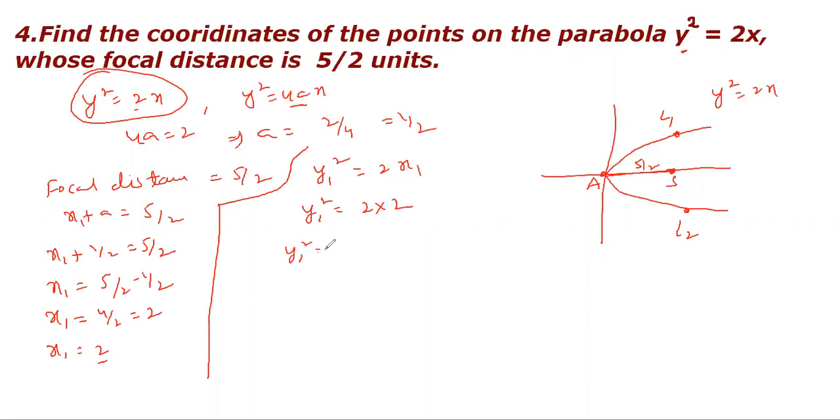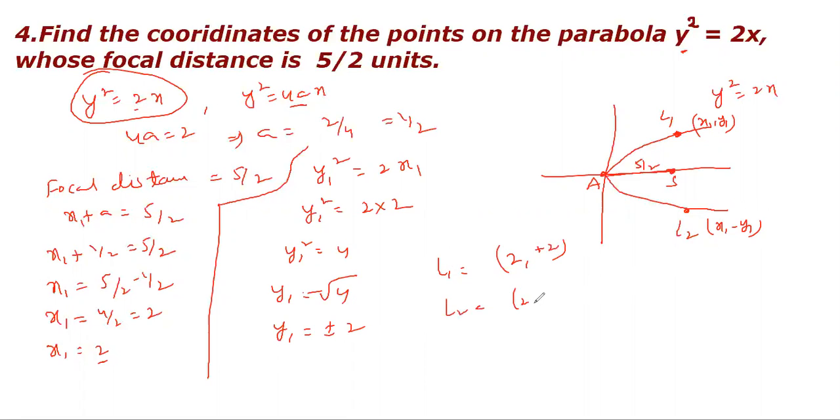So y1 square equals 4 and y1 equals square root of 4, y1 equals plus or minus 2. So that means the points are x1 comma y1 and x1 comma minus y1. So L1 is 2 comma 2 and L2 is 2 comma minus 2.